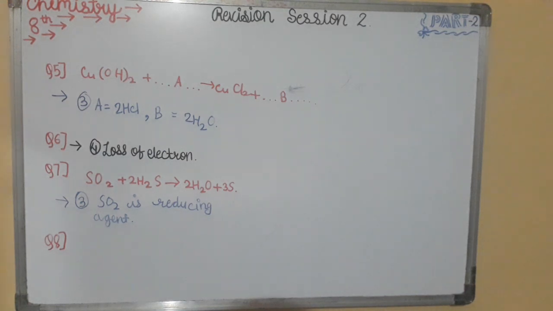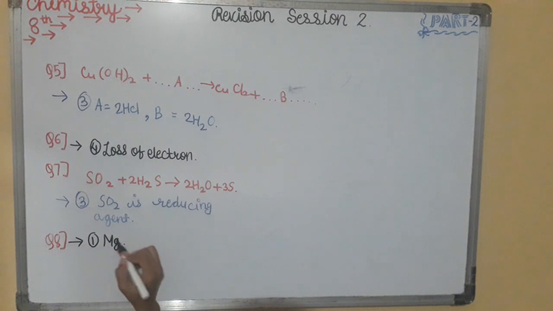Option 1 Mg, option 2 H2O, option 3 MgO, option 4 none. Here the correct answer is option 1, Mg. Mg is a reducing agent.